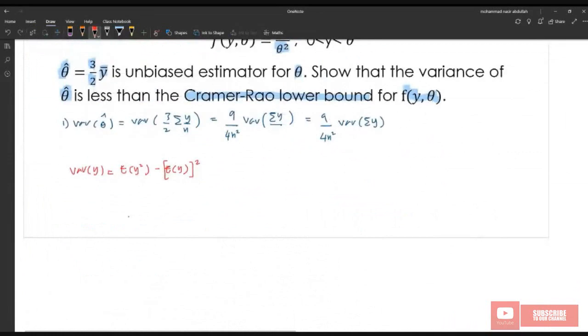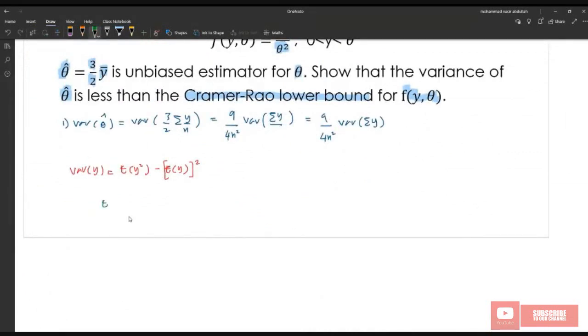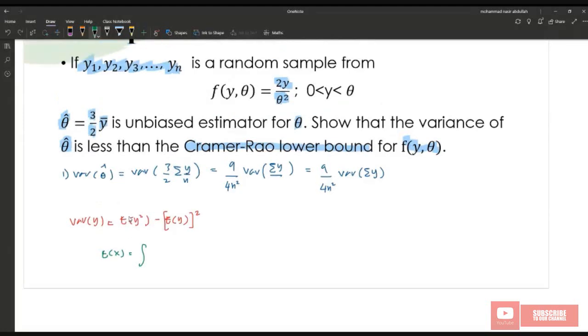So to find the variance of y, let me use green color. The expected value of y is equal to the integration from 0 to theta of y multiplied by 2y divided by theta squared with respect to y. So this is going to be 2 theta over 3.